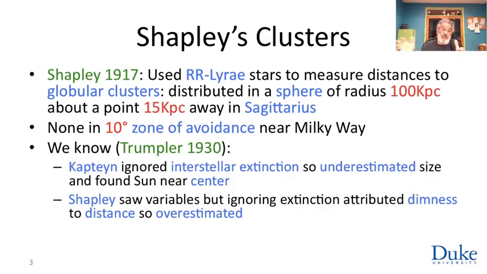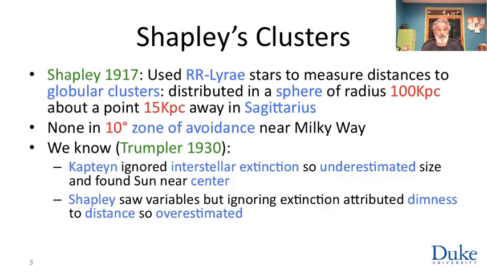You can see about the same distance in all directions, so there will be as many stars in any given direction as in any other, basically because you can't see far enough to distinguish the edges of the world. And so Kapteyn's distances were underestimated, both for the size of the universe and for the distance of the sun from its center.